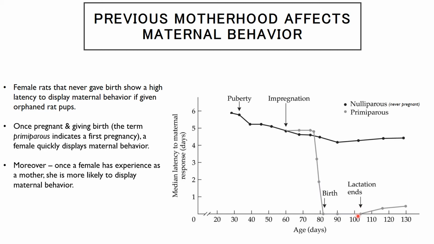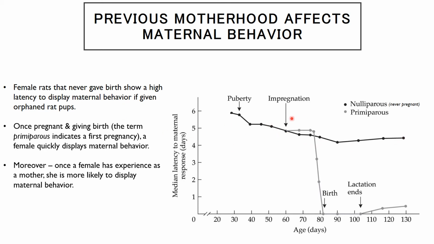And once they have finished taking care of their babies, lactation ends. It takes about 20 to 25 days to finish raising the pups, when they're mostly on their own. Now you can look even a month after having taken care of the rats. When the mother rats are exposed to infant rats, it takes less than a day for them to show maternal behavior to orphan rats, versus rats who have never had any birthing experience.